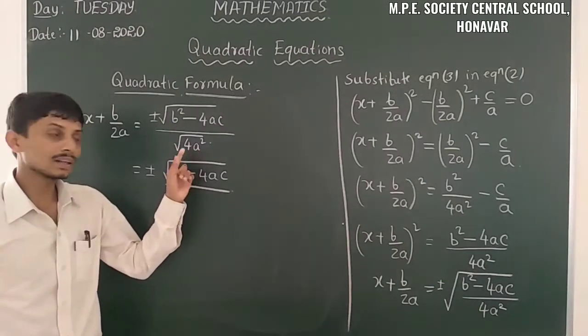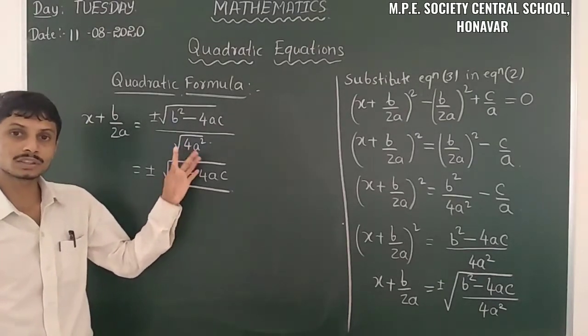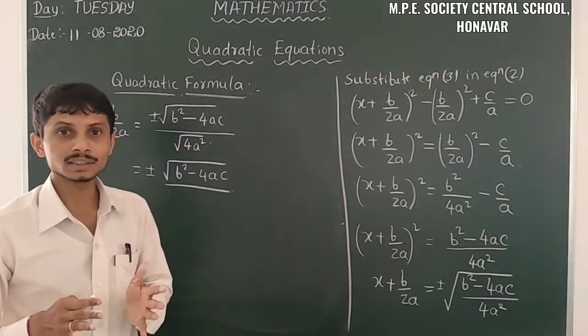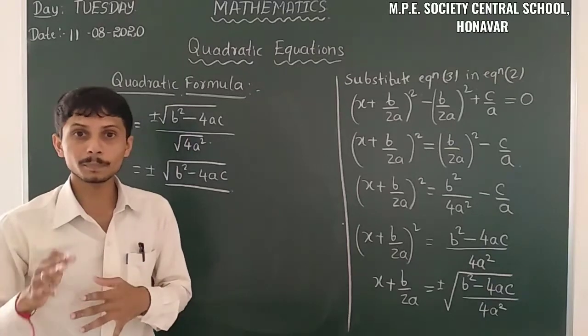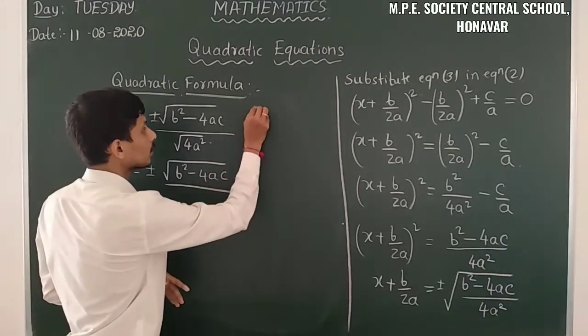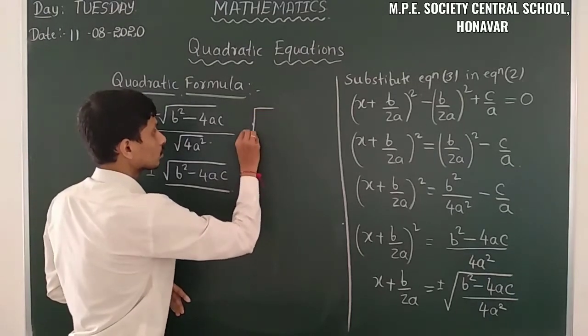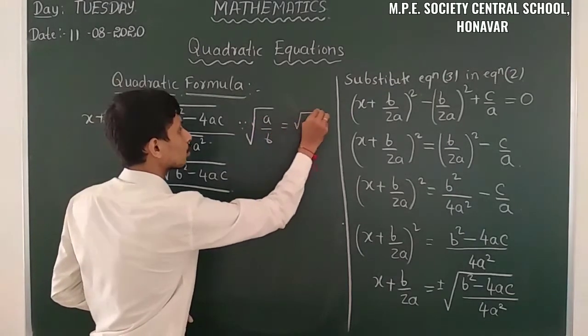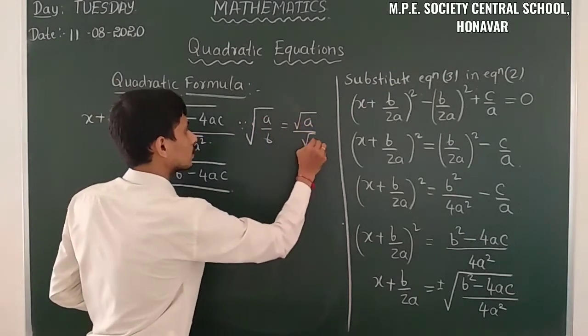When we are taking the square root, there are some algebraic identities that we already learned: the square root of a by b is equal to square root of a by square root of b.